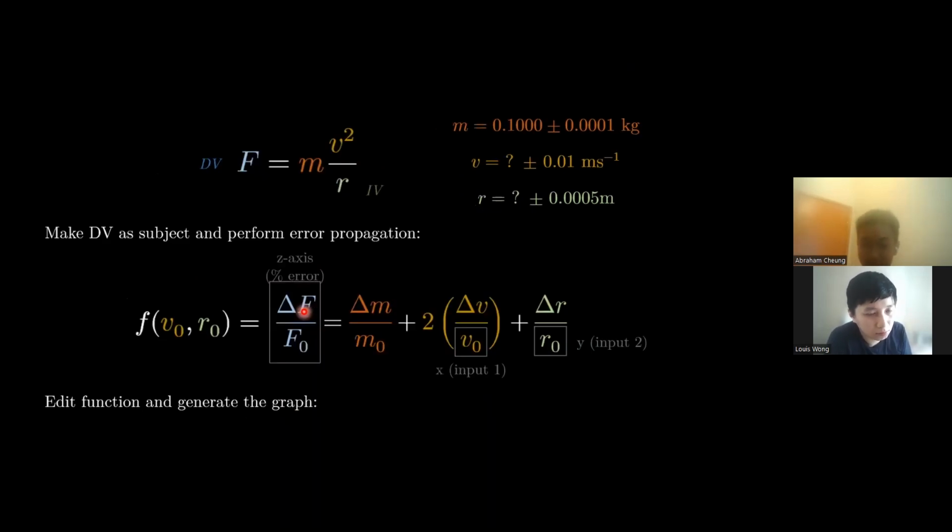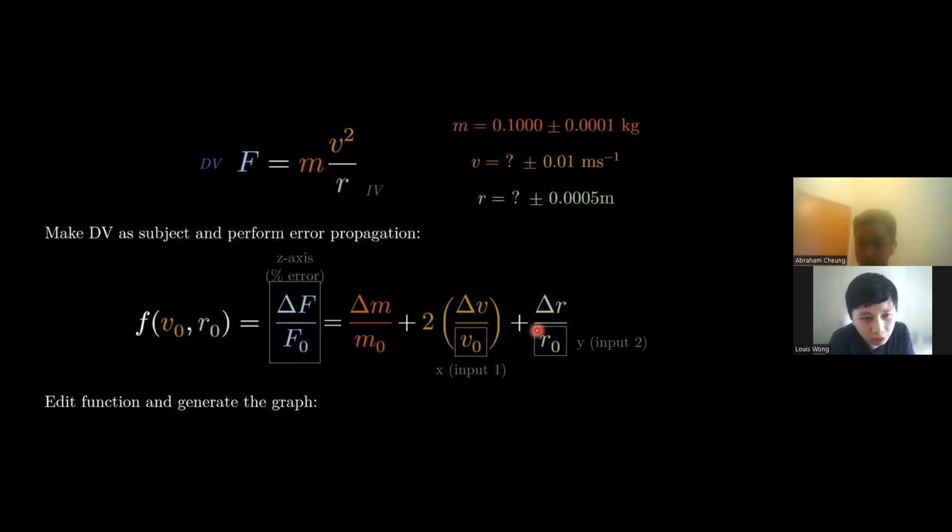Basically, the first thing you want to do is perform the error propagation, which is just based on what we learned in chapter 1. And one thing to add is that you need to know the absolute uncertainty.